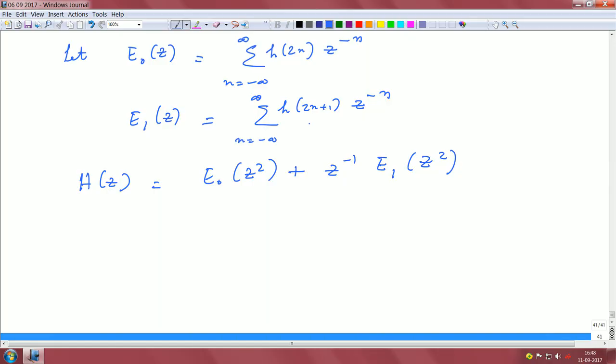Right, it is pretty straightforward. You do not touch this h of 2n or h of 2n plus 1, instead z is replaced by z square. So now what is happening here, we have decomposed the original filter into two sub filters that could potentially be of lower order, right. So we will see this with an example.